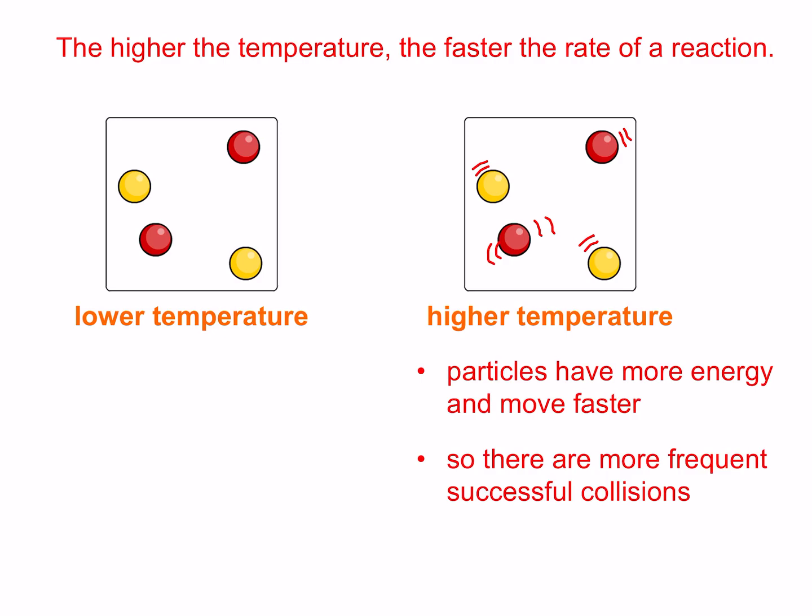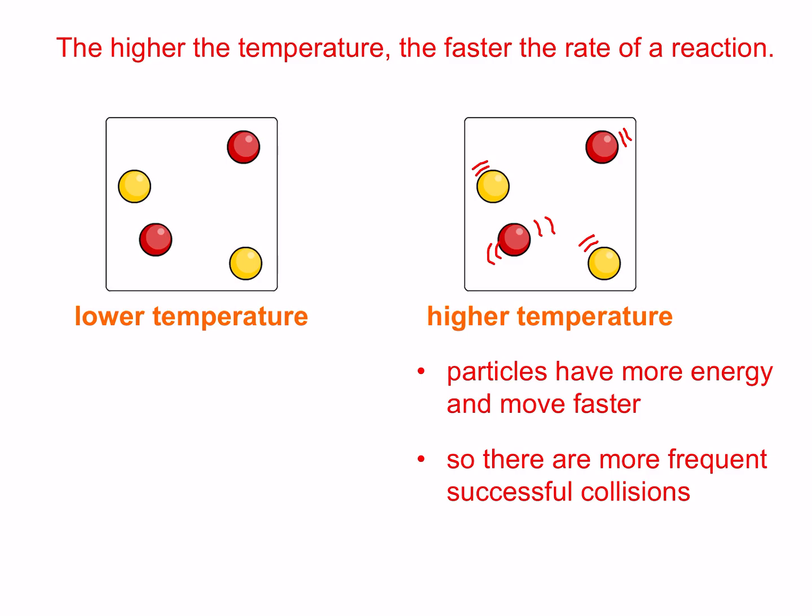But one other thing, think about what we've talked about with reactions. What do particles have to have for the collision to be successful? What do we call the minimum amount of energy they need for a collision to be successful? We call it the activation energy.